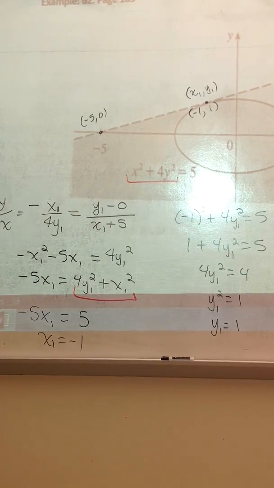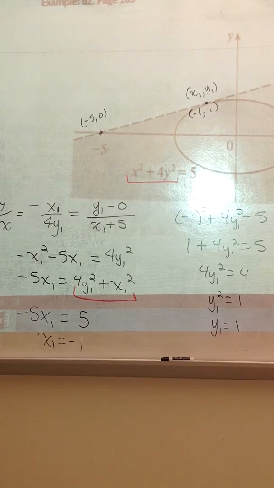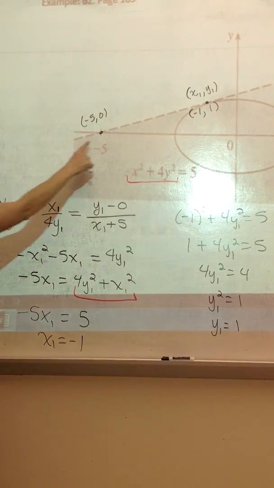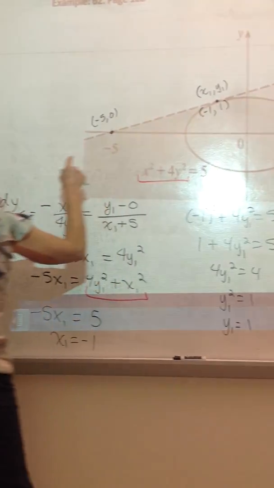Okay, so from there, I don't know, there's a number of things we could do, but one, we can figure out the slope of that line. Okay, so I mean, the slope of the line is the slope between these 2 points.